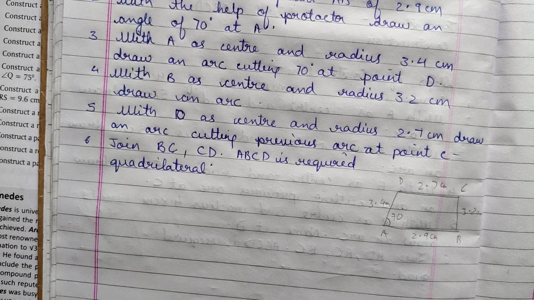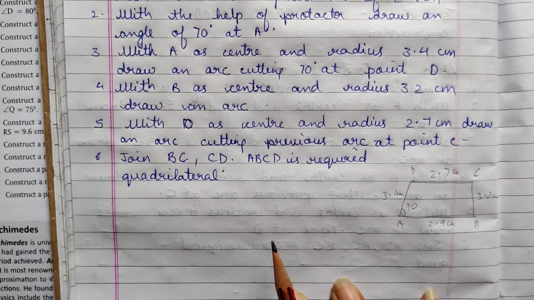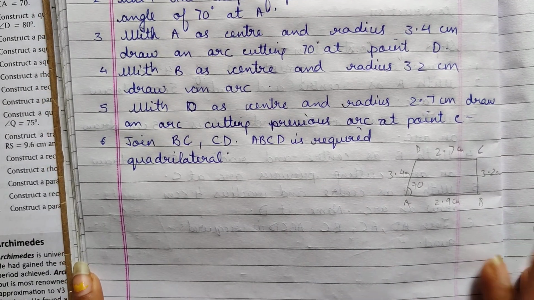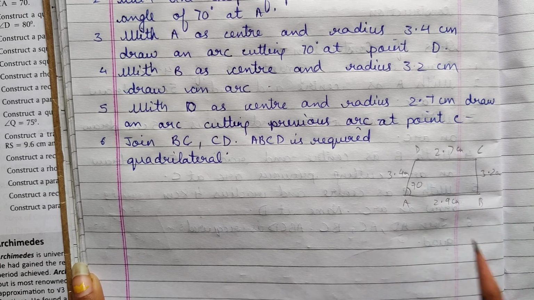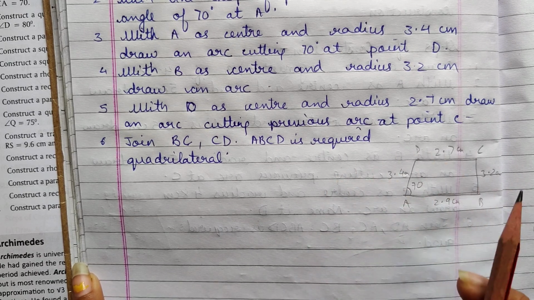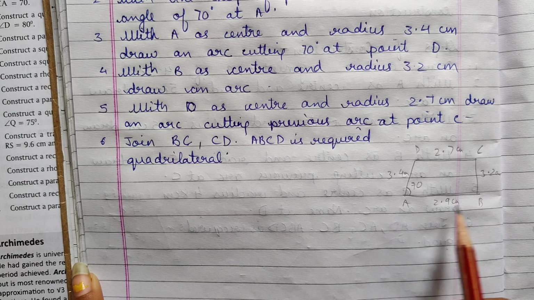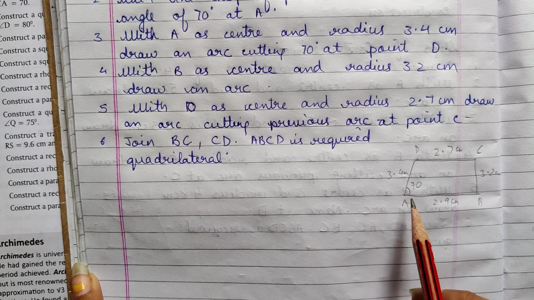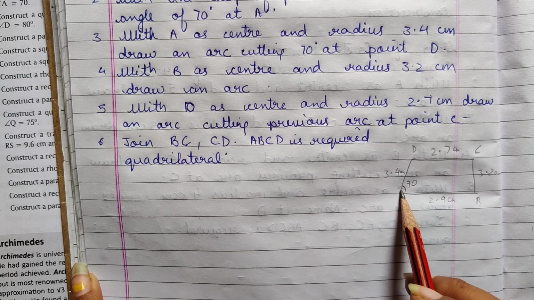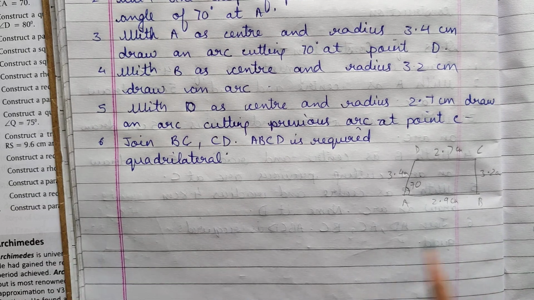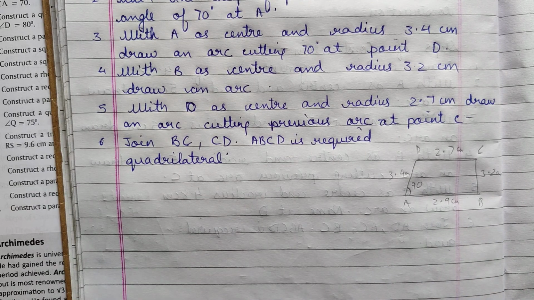Okay, so this is the rough figure which you need to draw on the left hand side of your geometry copy. And as you see, this rough figure is important. See, we now know that AB would be the base. Angle 70 degree will be drawn here this side. Okay, so now draw a line segment.